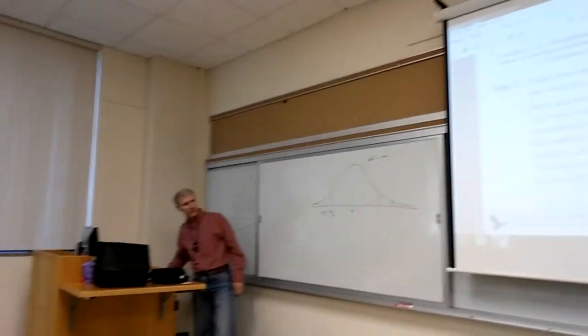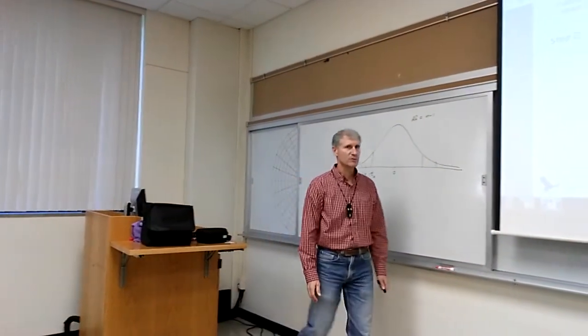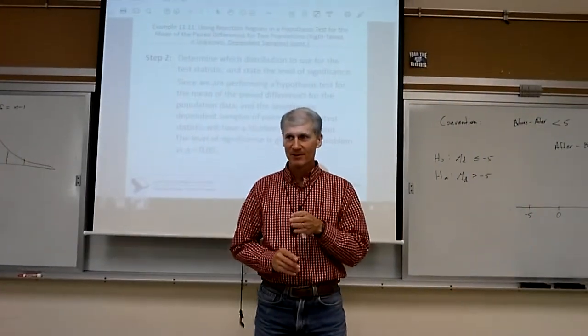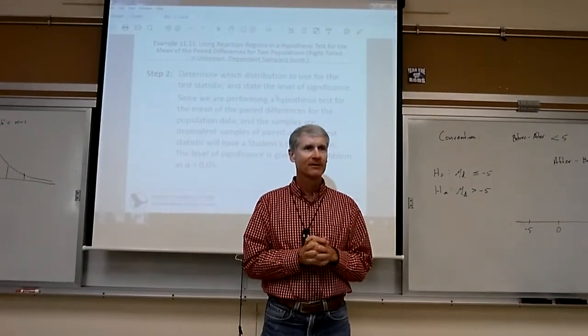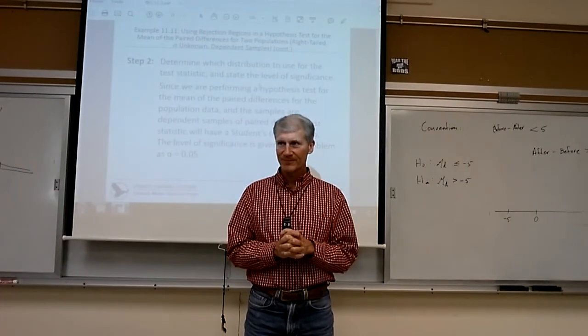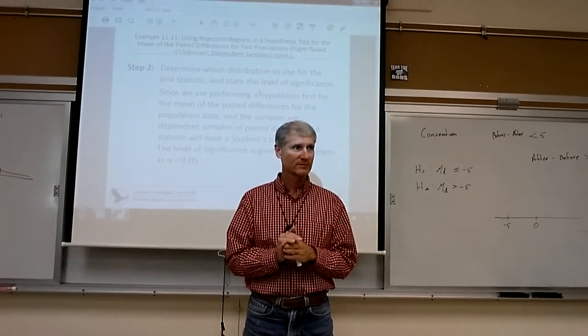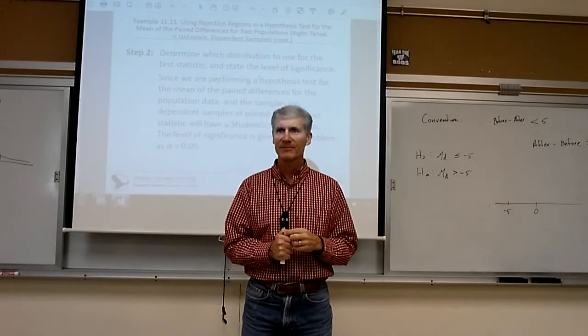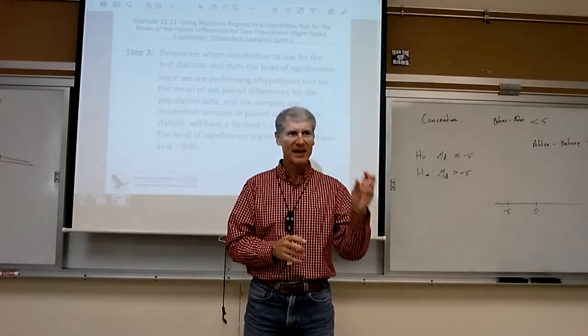So step number 2, determine which is the right procedure to use. Remember that little tree diagram of decisions? What's the first question you ask yourself? Is this means or proportions? It's a means problem, right? We got speeds and average speeds and all that.